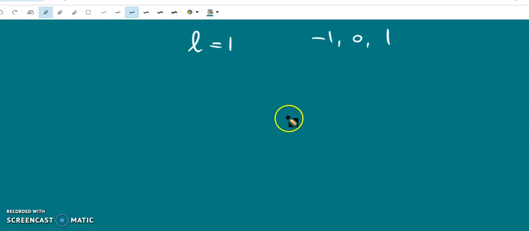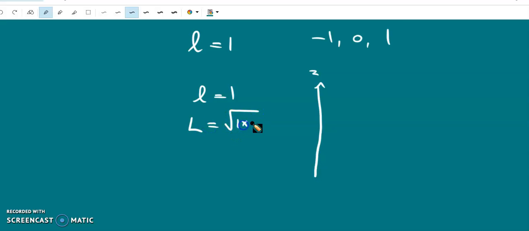Suppose we have applied the magnetic field along the z direction, and suppose our l is 1. Then the magnitude of capital L is root of 1 into 2, times h cross, that is root 2 h cross.